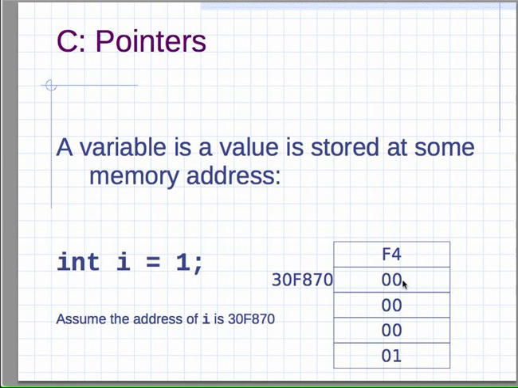And so in the case of a value like 1, what you will see is that there will be 3 bytes that are 0. So each one of these digits is a single byte. So 2 digits is a single byte. This is a single byte, and then over here you have the value 1. So this is all taken together. A set of 4 bytes has to be used to store the value 1.